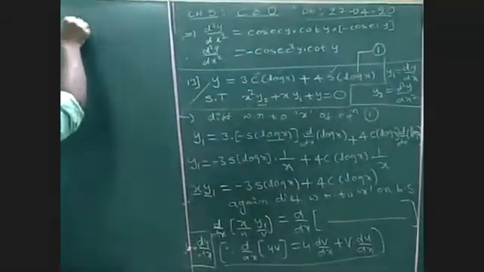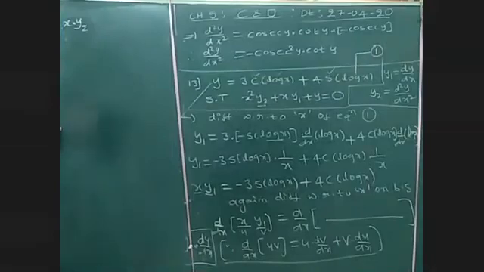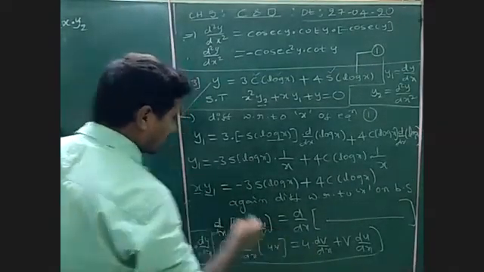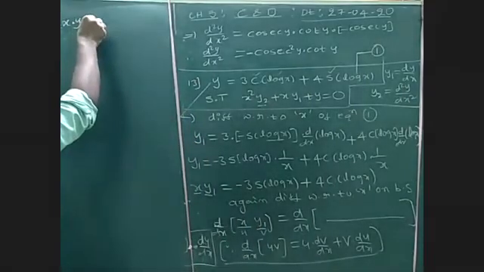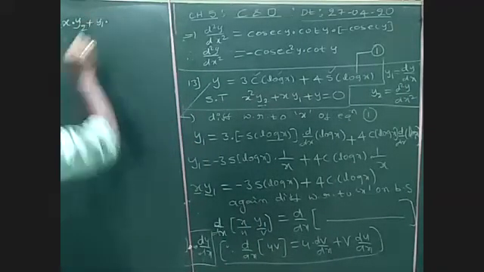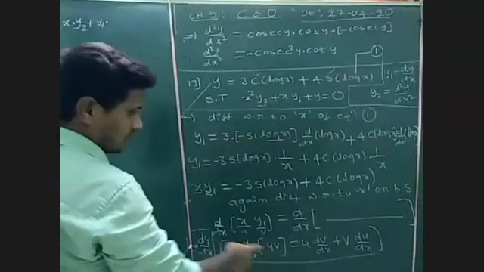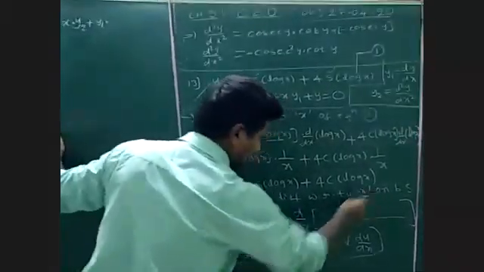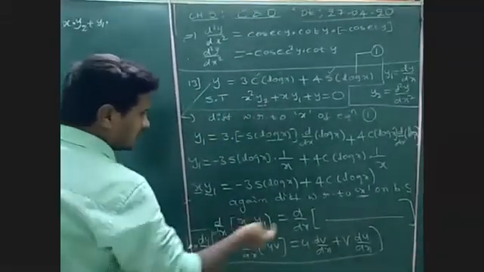Directly can write this is y2. Okay, dv by dx is y1 derivative is y2, plus v, v nothing but y1, into du by dx. X derivative with respect to x. What is the x derivative with respect to x?